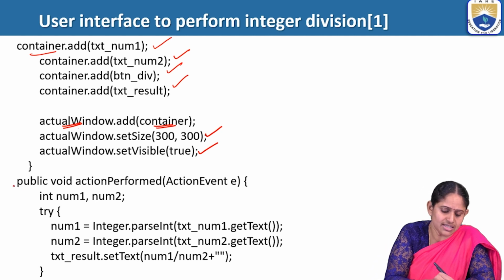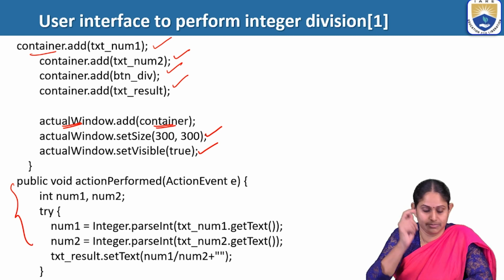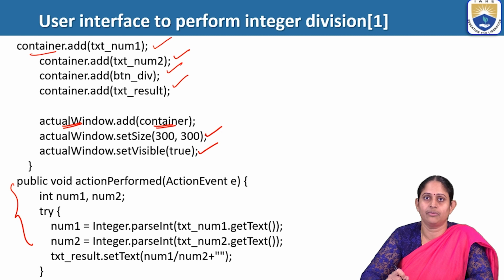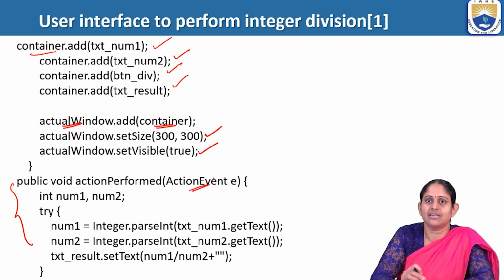Now here, this is the implementation of the actionPerformed method of the ActionListener interface. When we click the button, the event which will be generated is the action event. So when we click that button, an object of ActionEvent will be created.